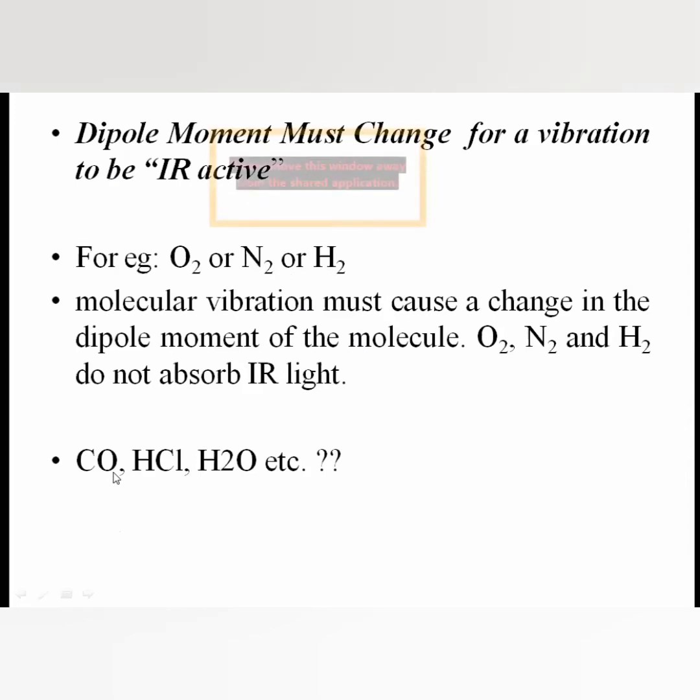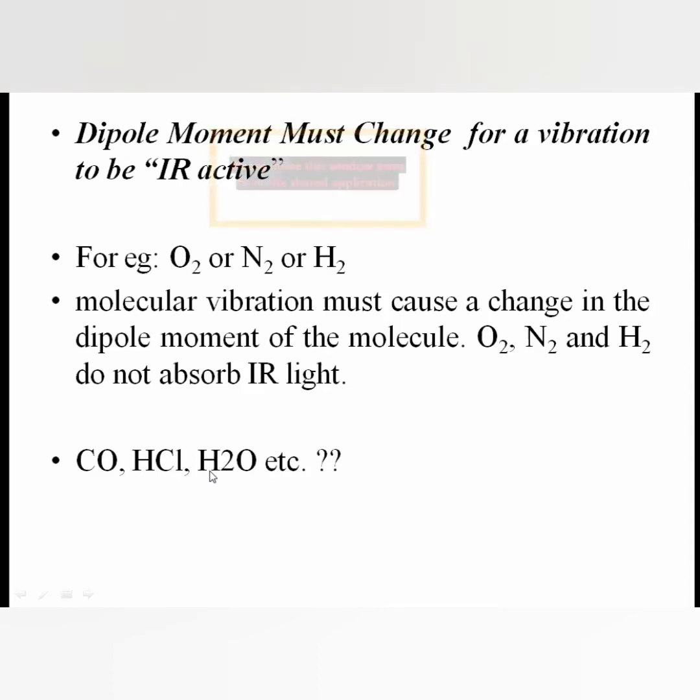But CO, HCl, and H2O molecules, for example CO, a heterodiatomic molecule, have vibrations that change the dipole moment. So this type of molecule is infrared active, or shows infrared spectroscopy.